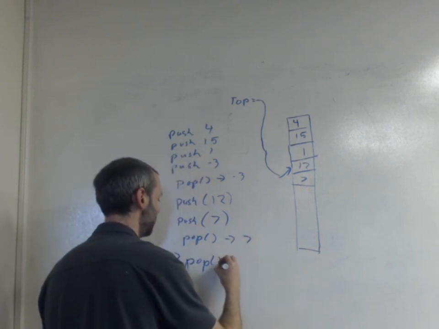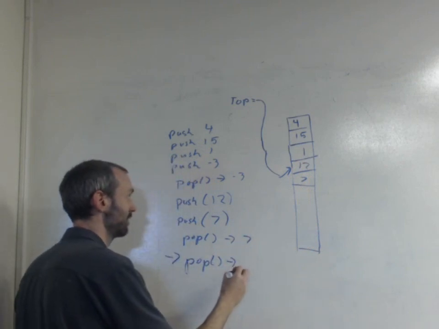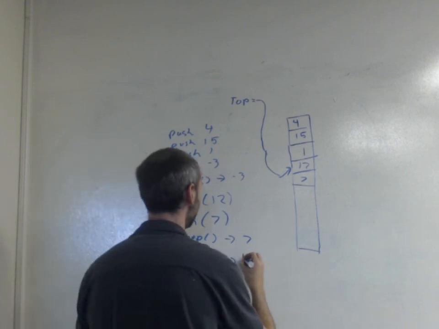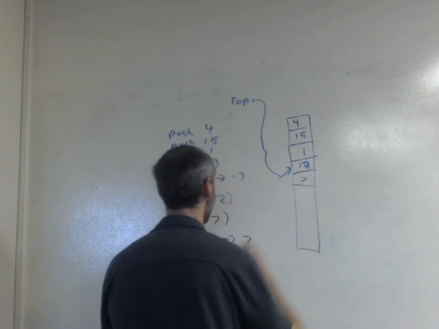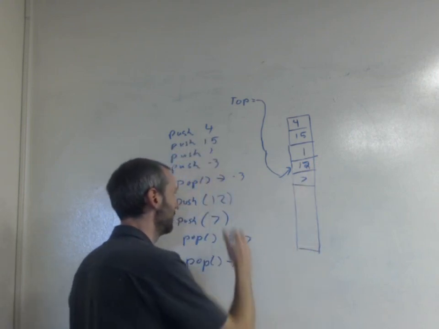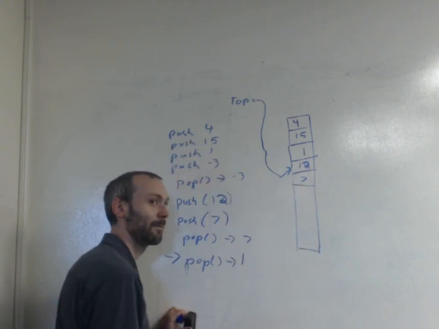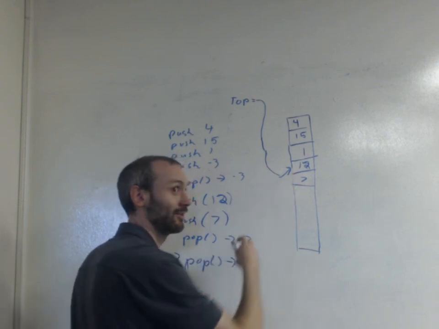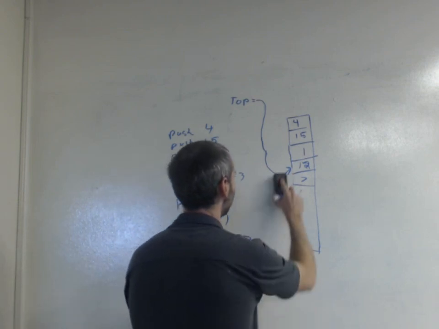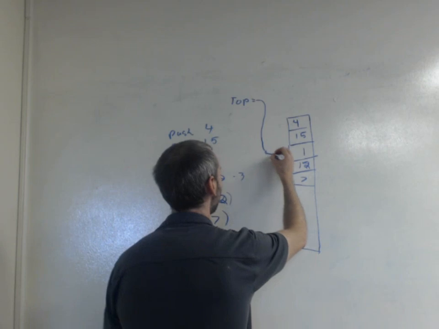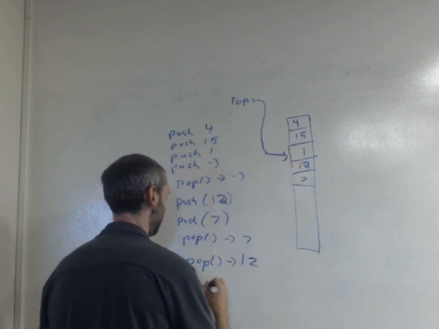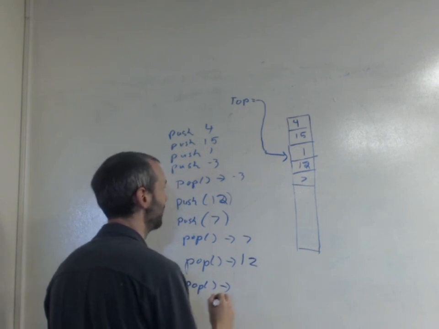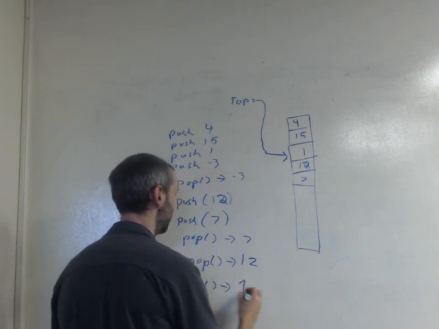And then pop next time would give us 17. Actually, that's a 12. That's totally a 12. See? How about now? It's a 12 now. And we pop again, what are we getting?